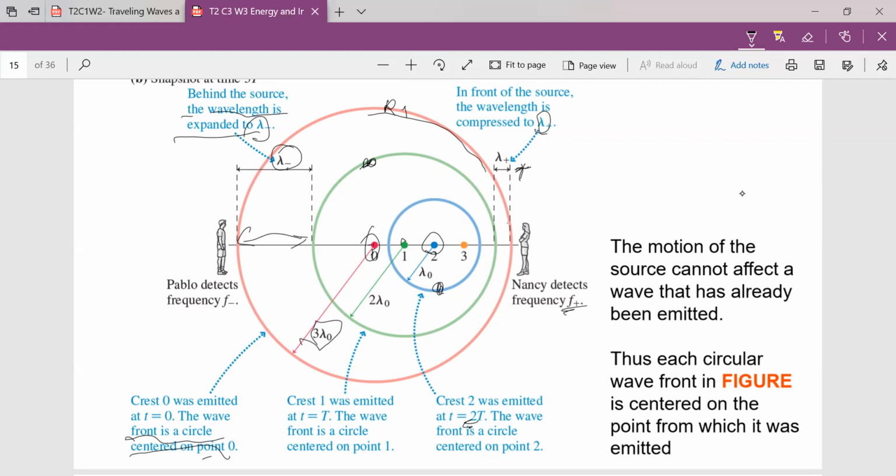It exists and starts traveling, and as the source moves, it keeps emitting waves. So each circular wave, as seen in this figure, has its own center, because the motion of the source does not affect the emitted wave. But what we feel when it's receding and when it's approaching is what we have observed: lambda plus and frequency plus.